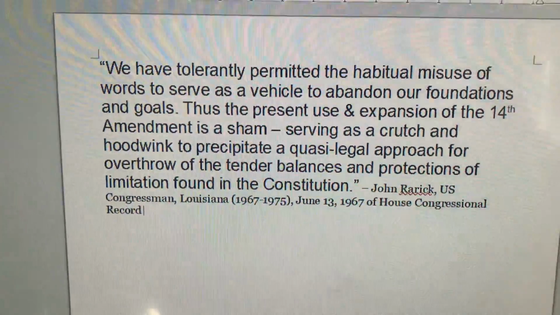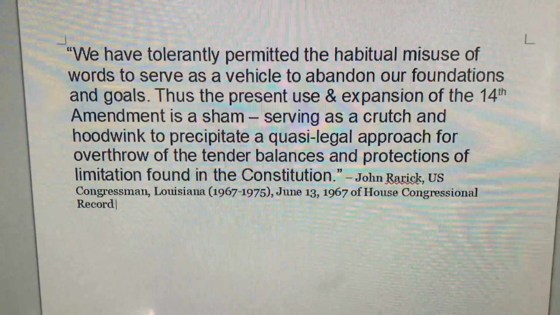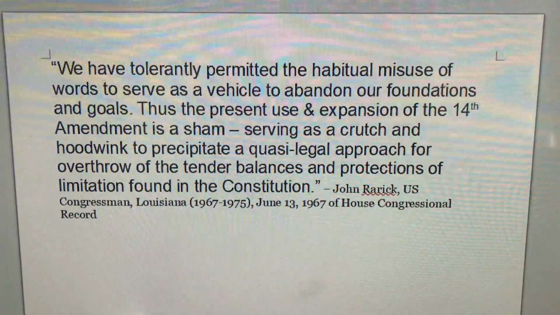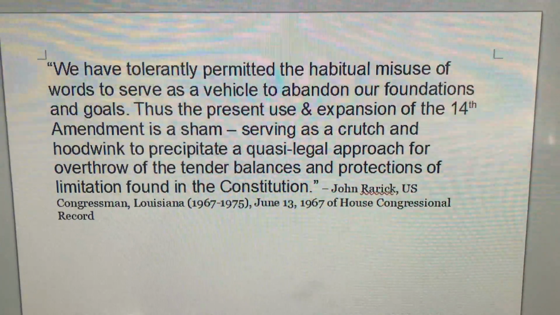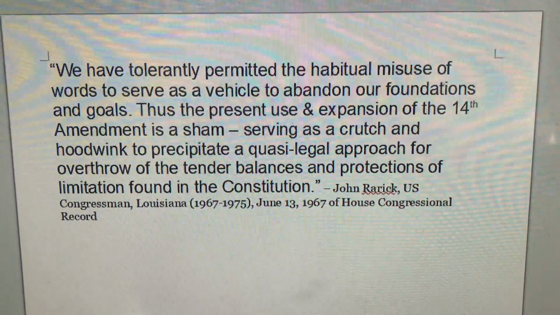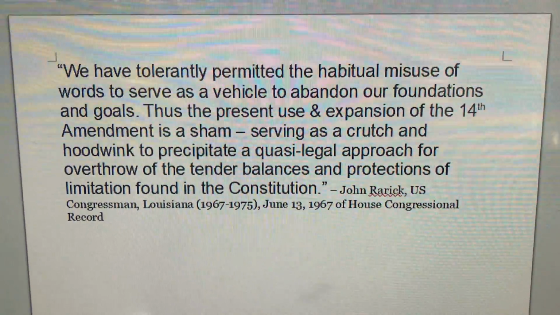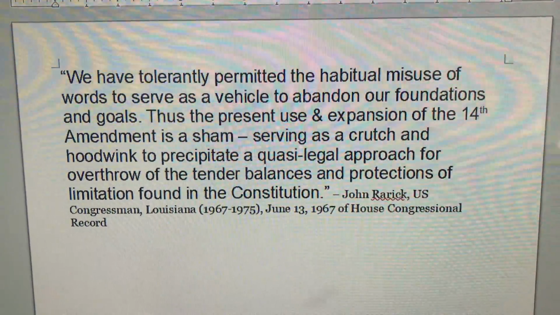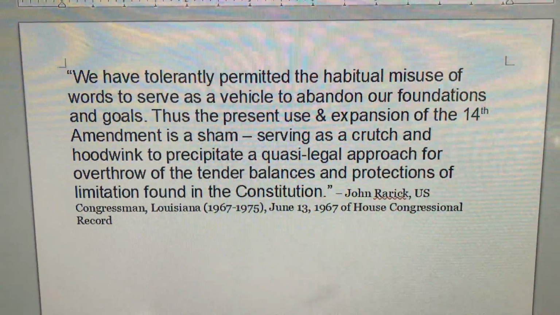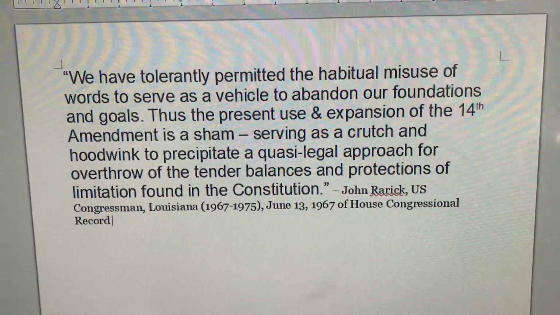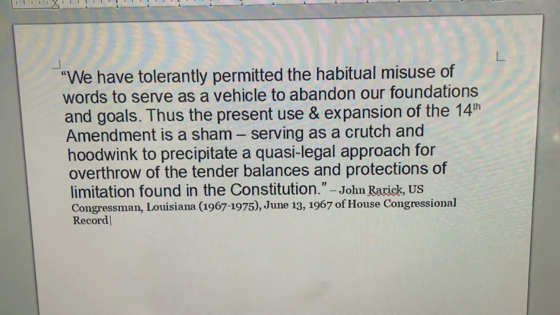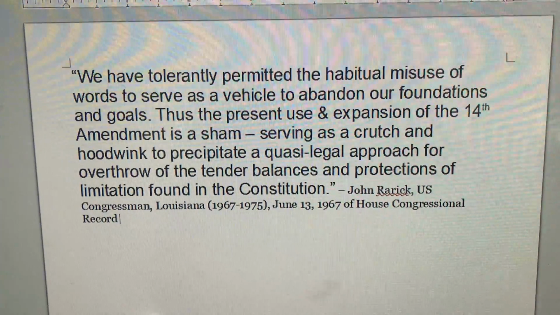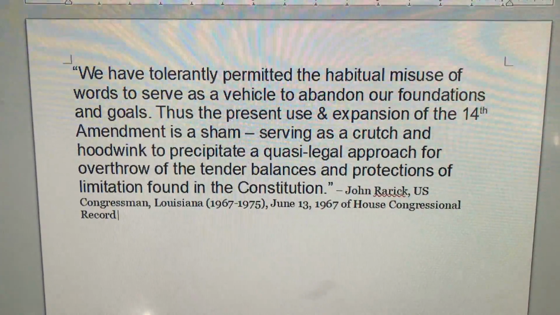So how do we get around the Constitution's limitations? We get you to contract and consent voluntarily. And now we can rule over you however we want under our plenary and exclusive power of statutory civil law through contract. So, your driver's license binds you to the state and federal motor vehicle codes, as a 14th Amendment citizen. So those are the terms and conditions of the contract, the motor vehicle code.